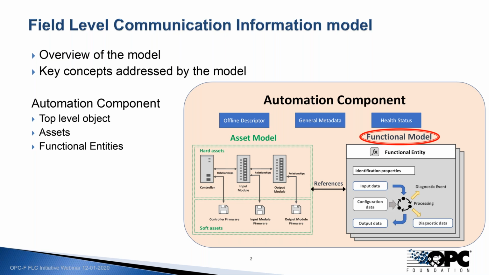We also have a functional model that describes the functionality that this automation component may expose. And we'll spend a little more time later in this presentation describing those two details. Automation component also has some general information specific to the automation component itself. And let's go look at that a little bit.